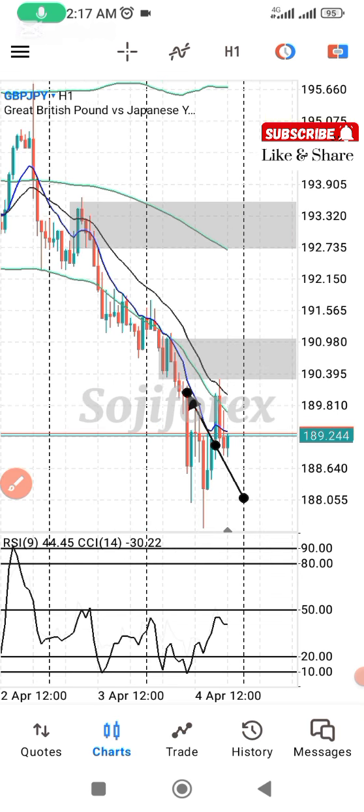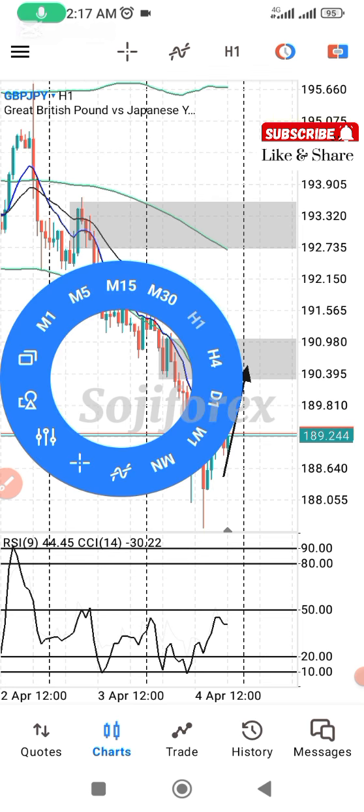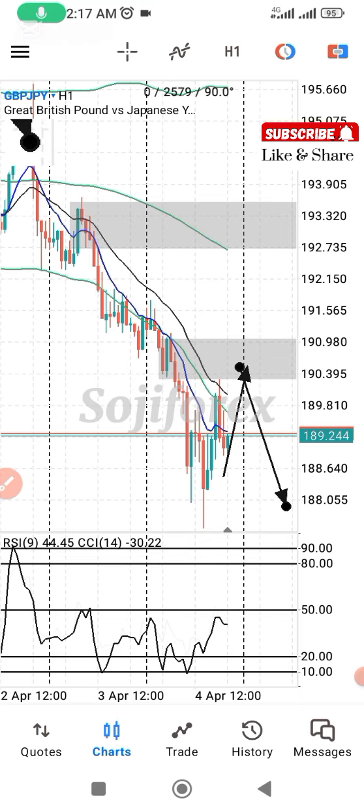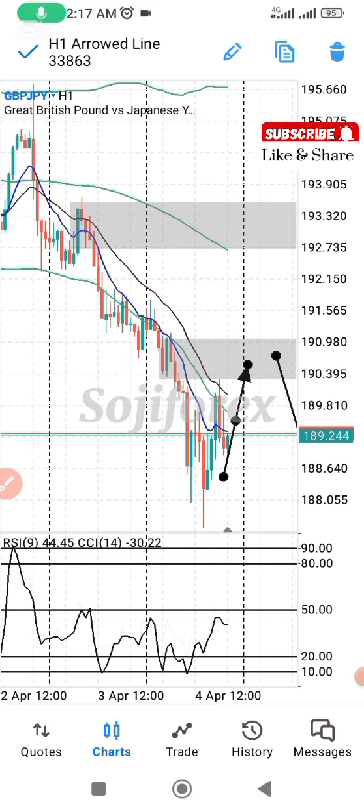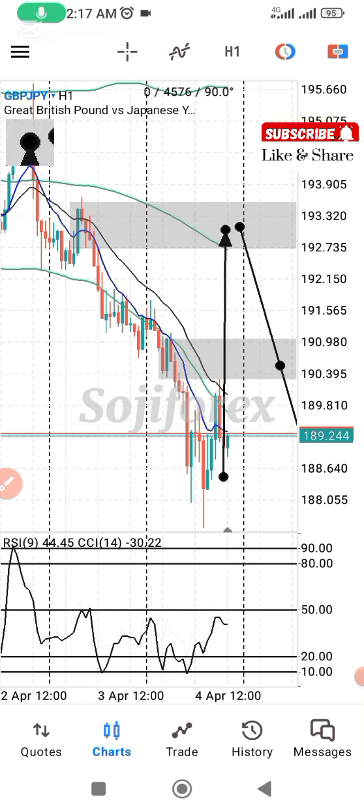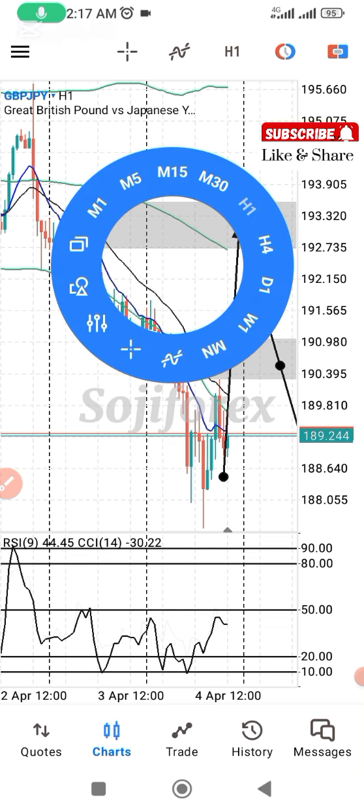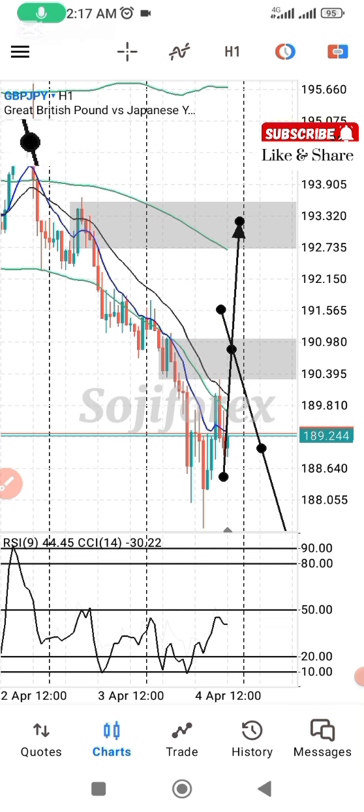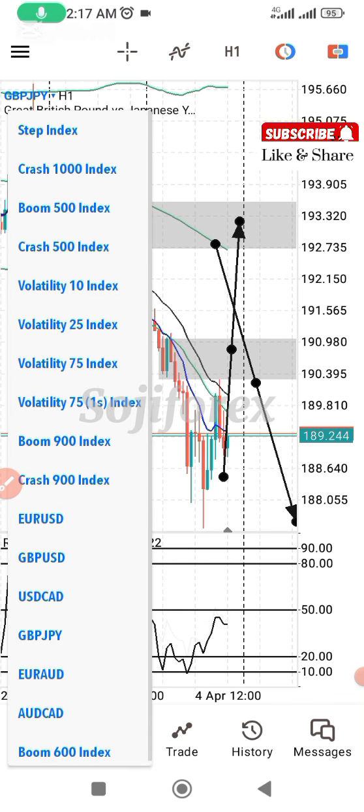So we'll be looking forward to price pulling back into that zone and then reversing to the downside, or price will continue into this zone and then reverse. However, provided price is below the middle Bollinger Band, we are only looking for opportunities to sell, and when price is above it we are looking for buying opportunities.